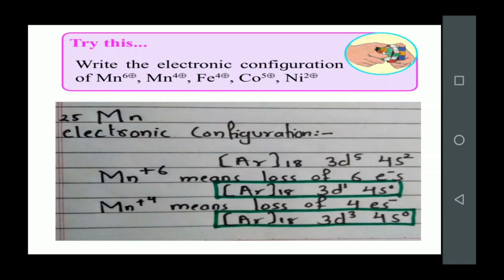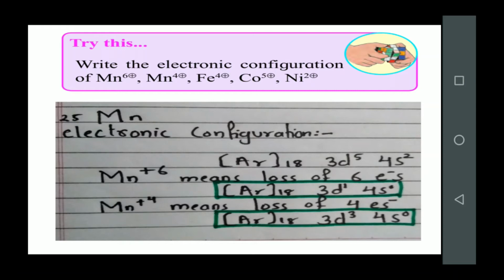Okay, so write their electronic configuration first, always first in the ground state, and then from the oxidation state or oxidation number of the ions, you can find out that these many electrons are being lost by these elements. So you remove these number of electrons from the ground state configuration of your element.